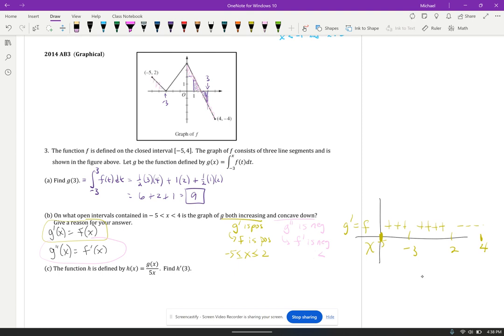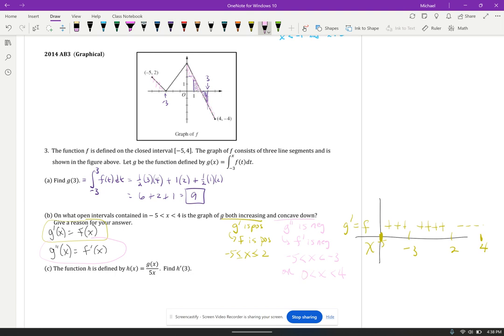So it's going to be from negative 5 less than or equal to x less than or equal to negative 3, or for x's that are between 0 and 4, my bad. Okay, so what does that mean?